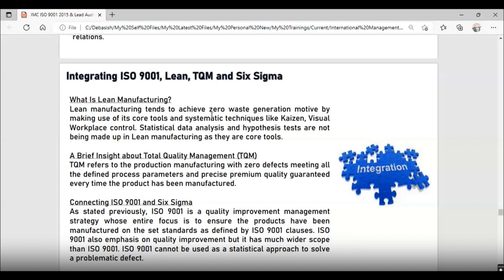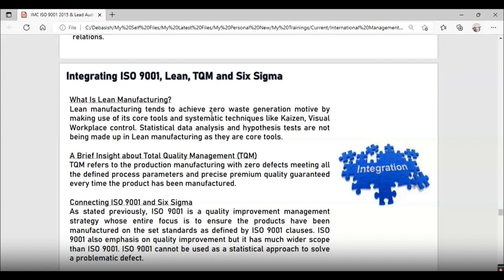Let us try to connect ISO 9001 and Six Sigma together. ISO 9001 is a quality improvement strategy whose entire focus is to ensure that the products are manufactured to the set standard as defined by the ISO 9001 clauses.